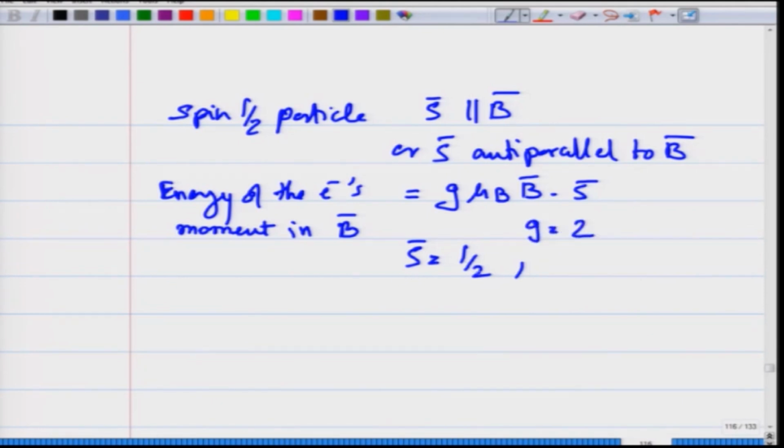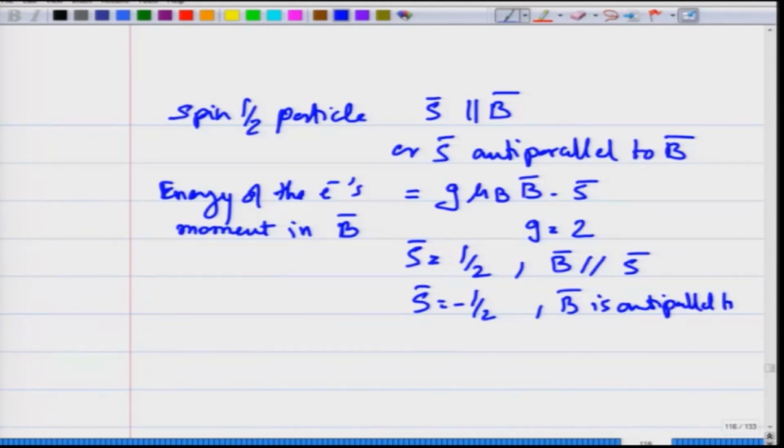For S equal to half, the magnetic field is parallel to the spin. For S equal to minus half, the magnetic field is anti-parallel to spin. So, let us substitute for spin half the energy.